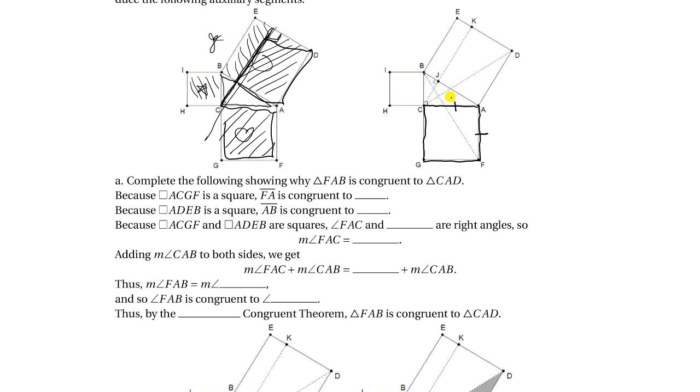Then in the same way, how about ADEB? For this square, we know AB is congruent to AD.